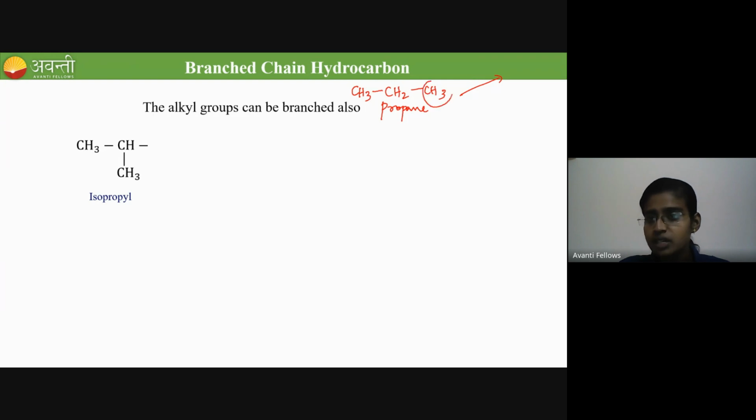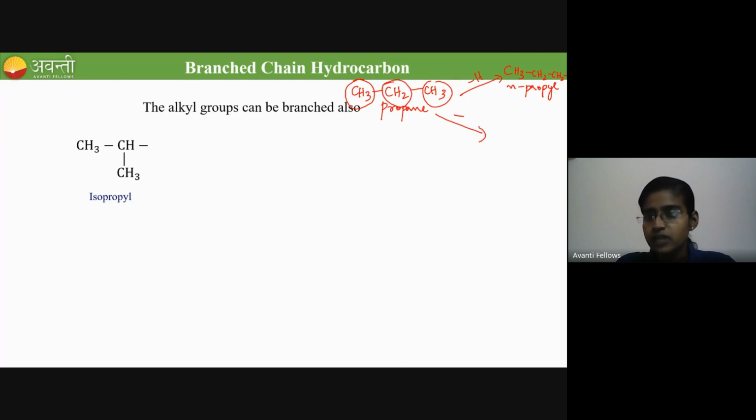There are 2 different types of hydrogen present in this propane. One is the terminal hydrogen. By removing the terminal hydrogen, I can get an alkyl group called N-propyl, of formula CH3, CH2, CH2 and one bond. N represents normal, normal propyl. And there is also one more type of hydrogen here, which is the internal hydrogen.